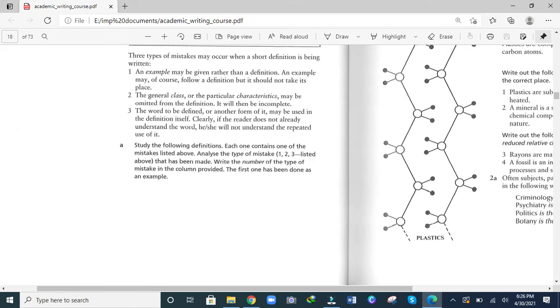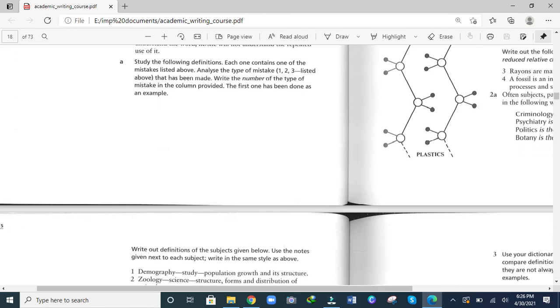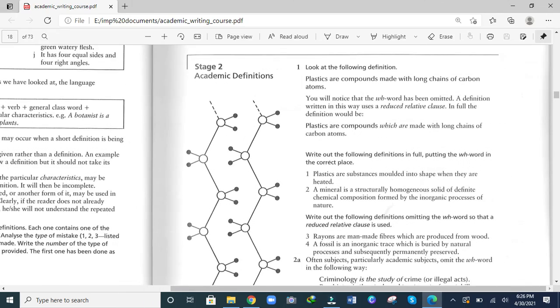Study the following definitions. Each one contains one of the mistakes listed above. Analyze the type of mistake, 1, 2, 3 listed above, that has been made. Return the number of the type of mistake in the column provided. The first one has been done as an example. Here you have examples.